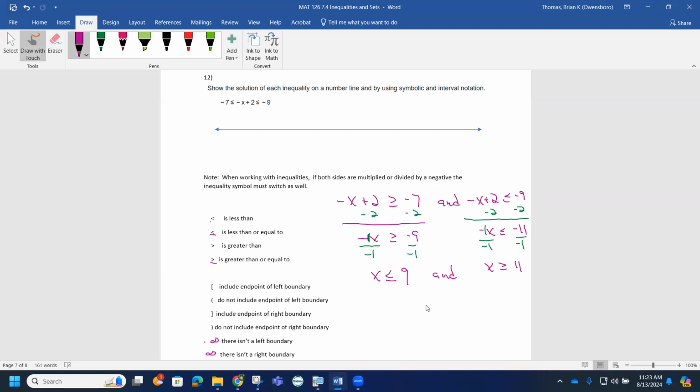So if we write this out, notice how 9 is our left boundary, 11 is our right boundary, and notice how x has to be, let's see here.